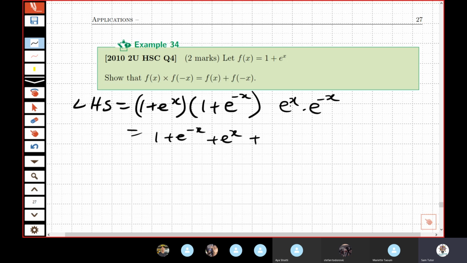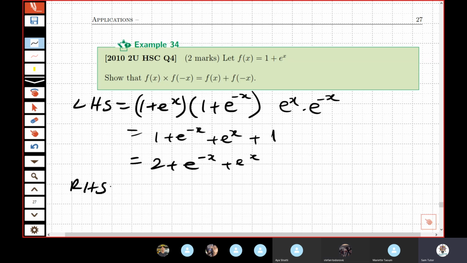Yeah, good. x plus minus x is 0. e to the 0 is? What's any number to the power of 0? Oh, 1, sorry. Be careful with that bit. So you've got this so far.